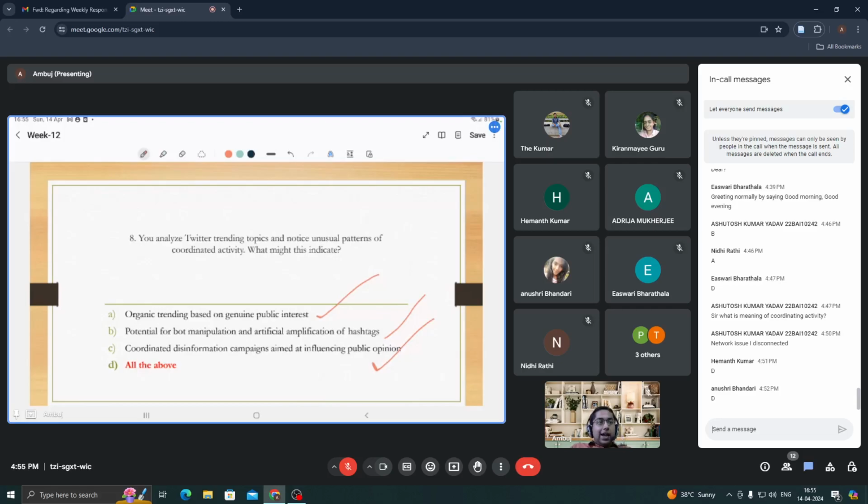Any information which comes to a user's mind through various sources and at various times, whether correct or incorrect, the user tends to think it is correct. This is the concept regarding misinformation or disinformation, aimed at influencing public opinion. Definitely the correct option would be D.